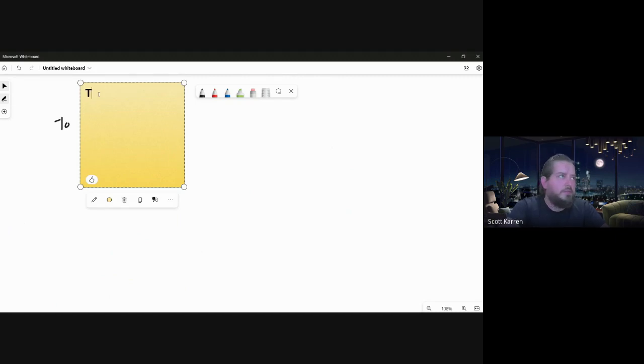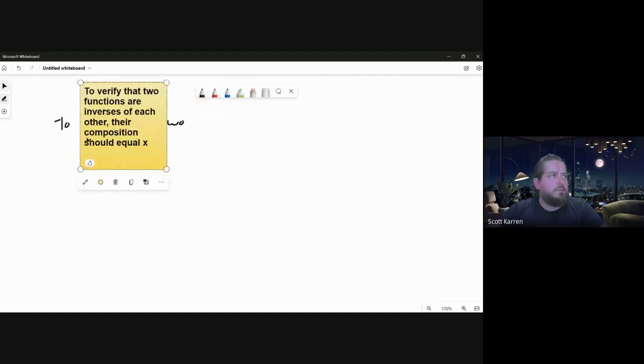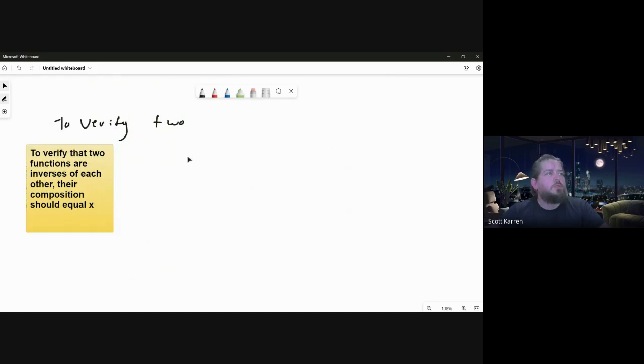So to verify the two functions are inverses of each other, their composition should equal x.